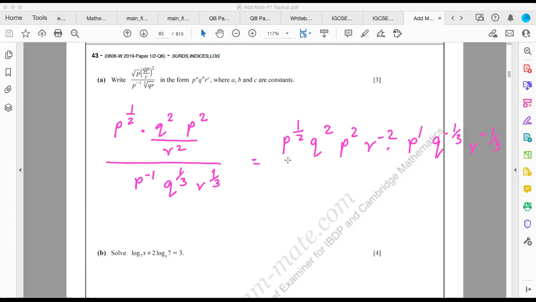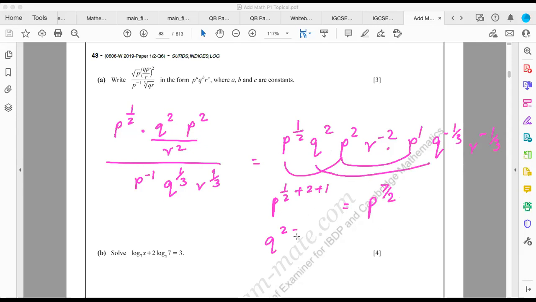And if these go up, they become p to the power 1, q to the power negative 1/3, and r to the power negative 1/3. Now you combine the powers. So combine the powers of p: half plus 2 plus 1. So it's basically 3 plus half; 3 twos are 6, 6 plus 1, 7. So p to the power 7 over 2. Then the power of q: there are only 2 q's that I can see.